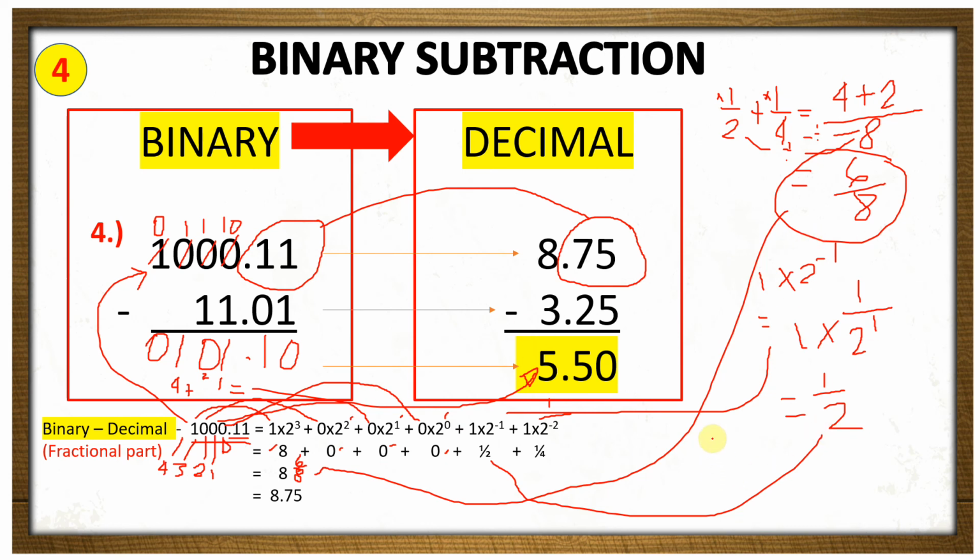So for instance, how are we going to get 6 over 8? That's 6 divided by 8 to get the decimal equivalent of that fraction. So for instance, 6 divided by 8 cannot be, so you add 0, it's point.